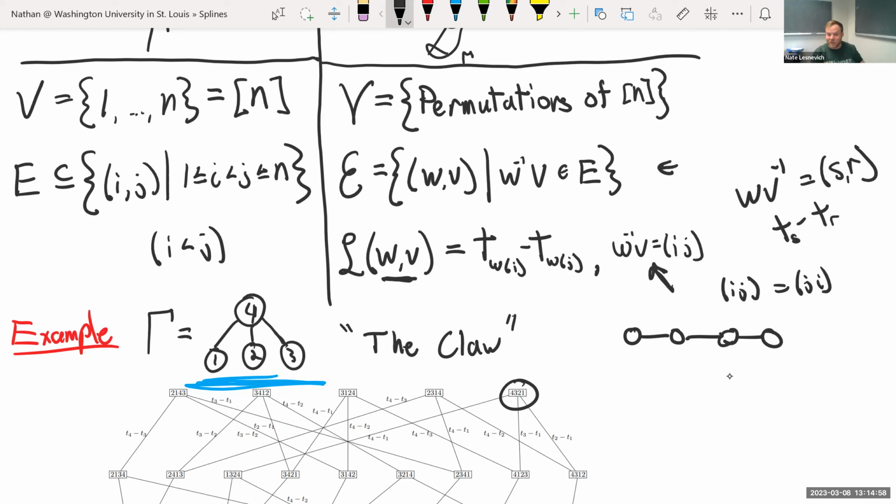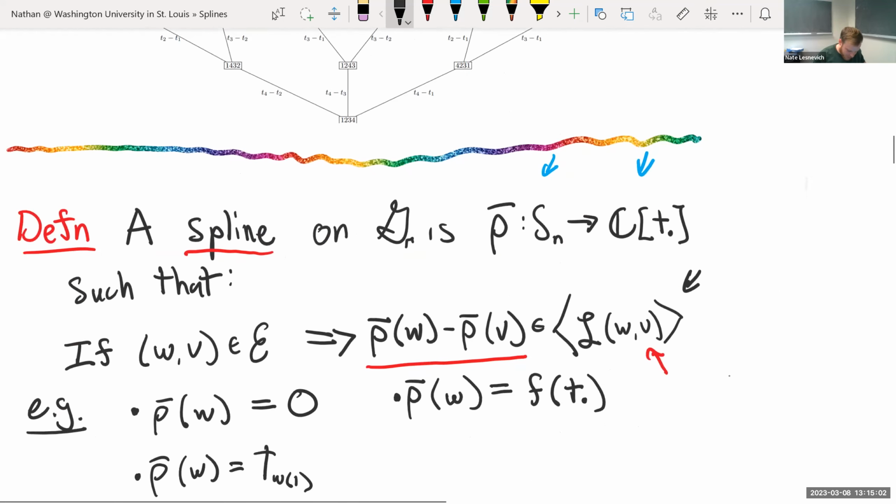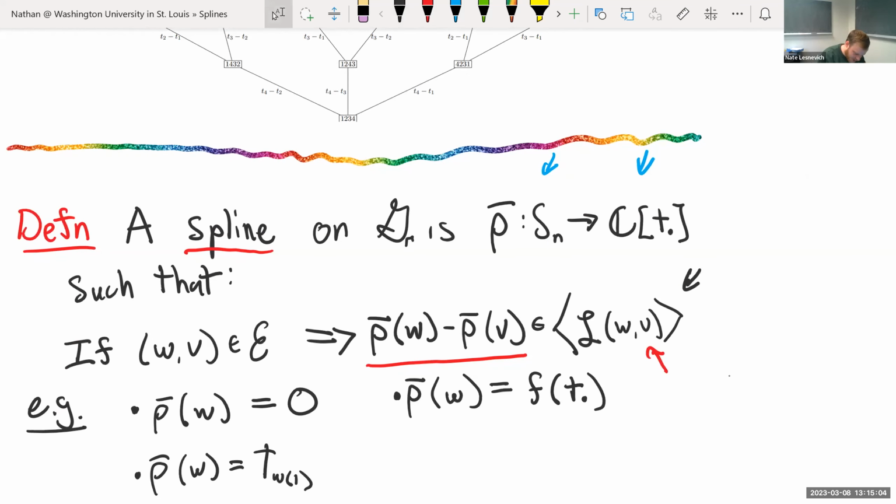So this label function, as I have written, doesn't necessarily make sense, but I really care about the ideal, and -1 is a unit, so we're all set. Yeah, so differences along edges need to be divisible by the label or contained within the ideal.